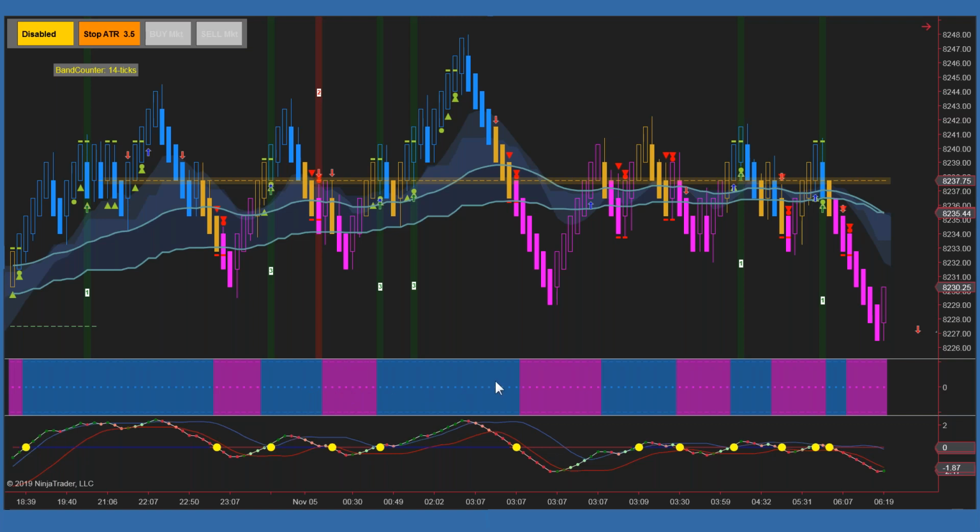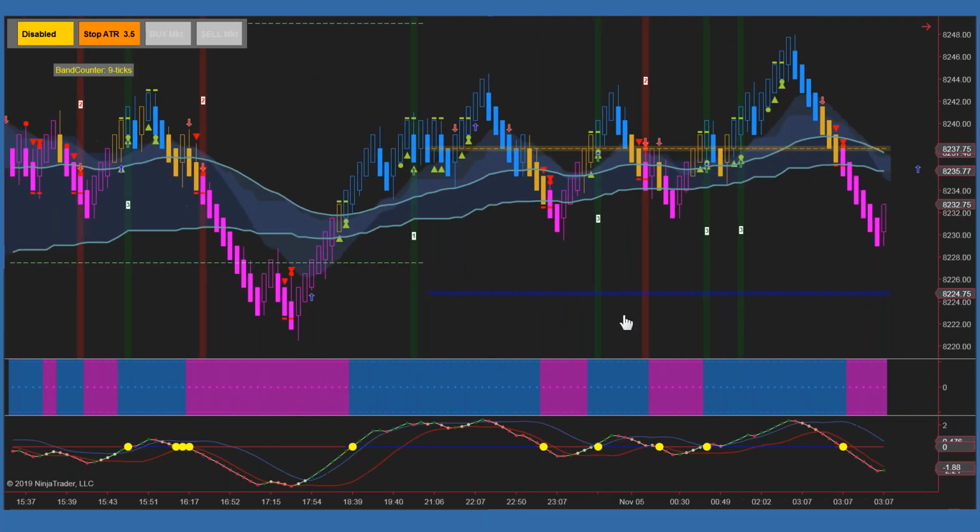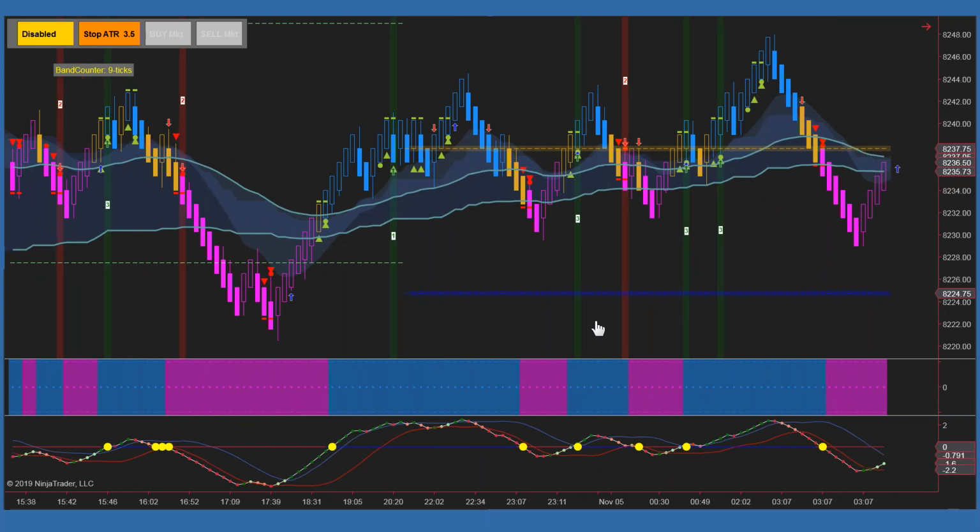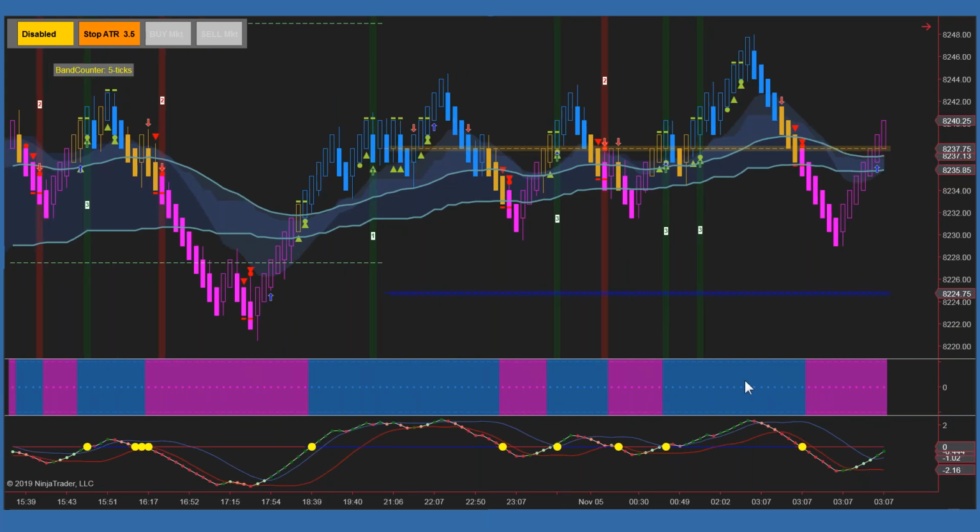But then we come back with a big blue block. Let's unwind it like it's real time. Okay, big blue block. At this point, I would say the market's still bullish because of this blue block outweighing this red block beside it.